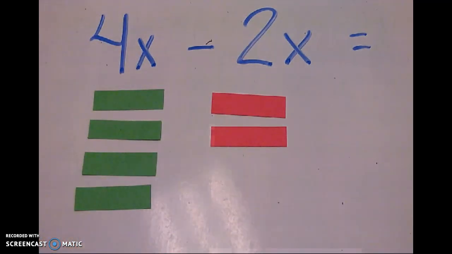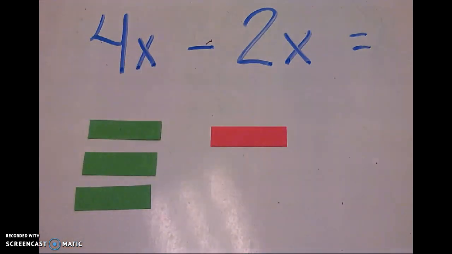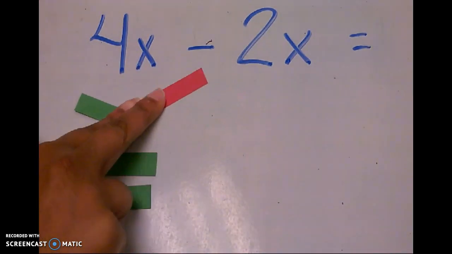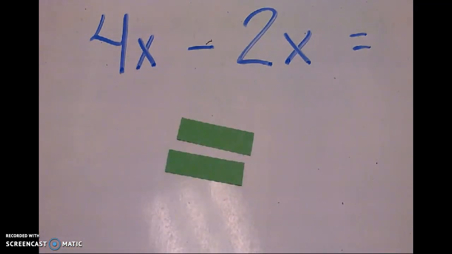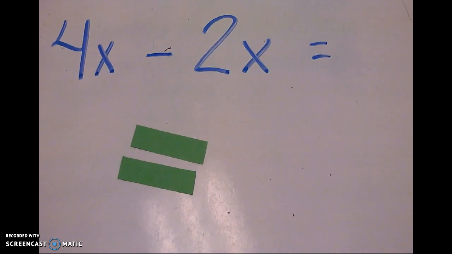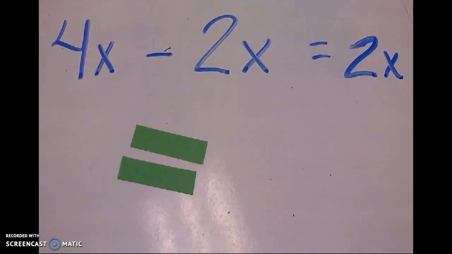Notice that I don't have any plain numbers, so that's why I'm not using any squares for this problem. Now, I have to combine like terms, and remember that a negative and a positive together cancel each other out. So this is a negative and a positive, they cancel each other out. This is another negative and positive zero pair, so they cancel each other out. And so I am left with 2x as my answer. And so that's going to be my answer, 2x.